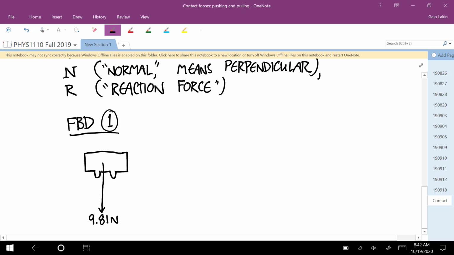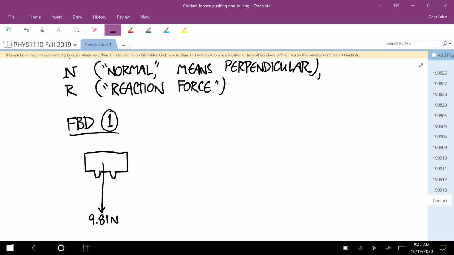Now that we're done with the field forces, the weight, now we can just go around the boundary and look for places where our chosen object makes contact with the surroundings. There's contact between the wheels and the ground. We can treat this as happening at one place because we're still treating these as particles that don't have any length, so everything happens at one place.